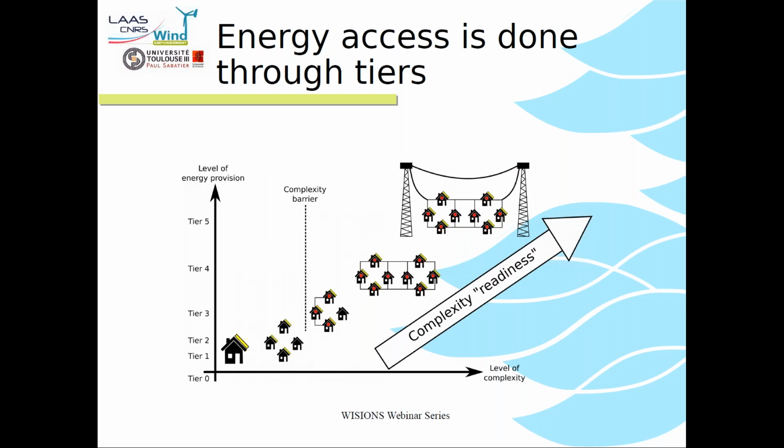And it's very hard to interconnect things as they become more complex. So there is this idea that there is a complexity barrier to the interconnection of systems, and if we want to have a progression in the interconnection, we need to be ready for that complexity. It needs to be thought into the concept of your system.